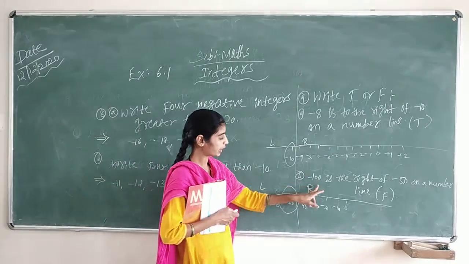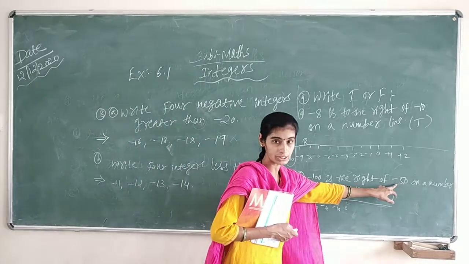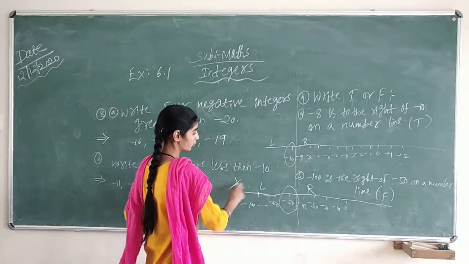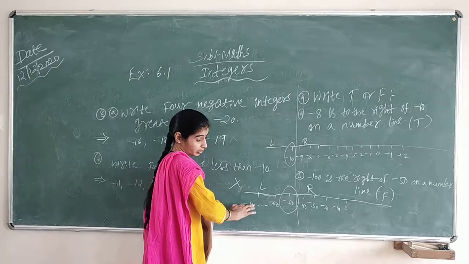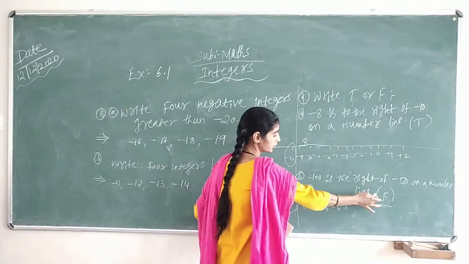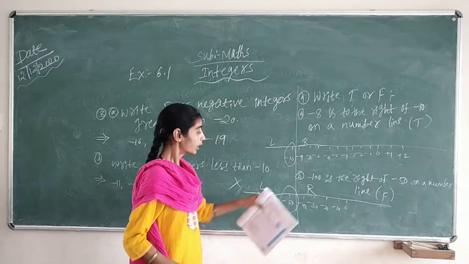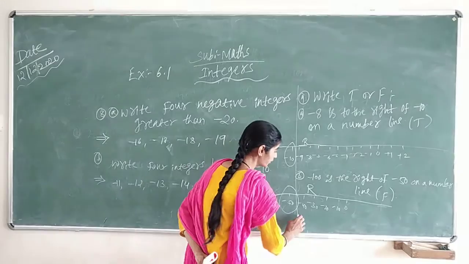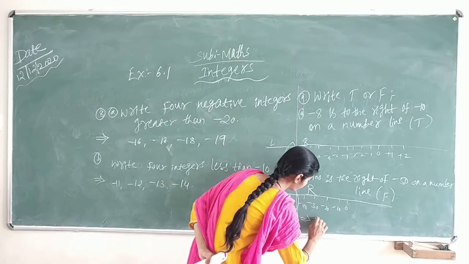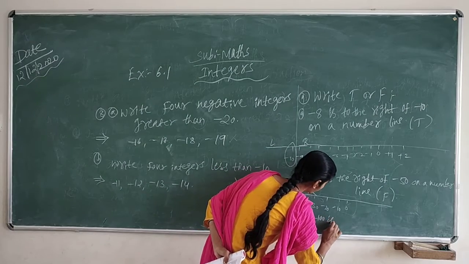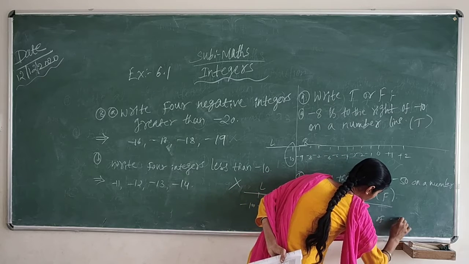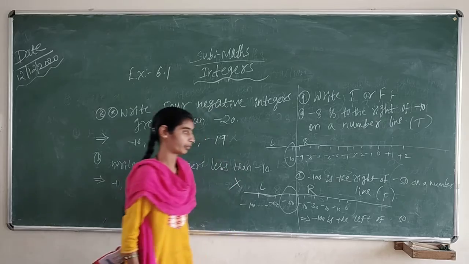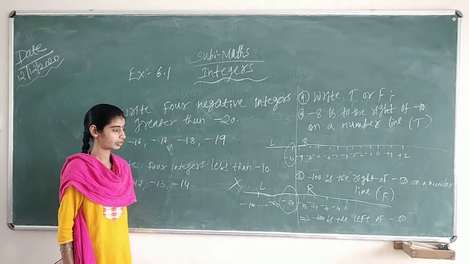But in the question, minus 100 is right of minus 50. It is false. It is not right. So this statement is false. Okay. Then how to correct this statement? You have to write: minus 100 is to the left of minus 50. This much you have to write.